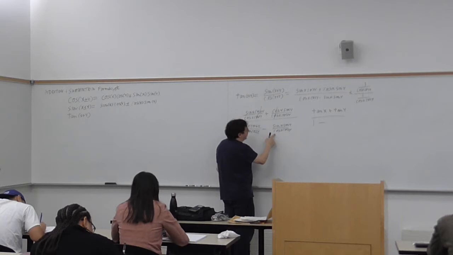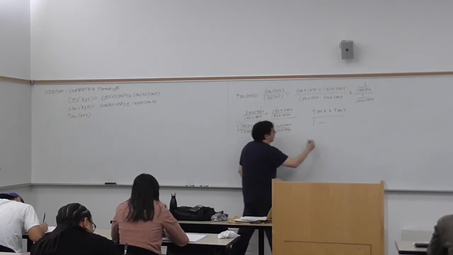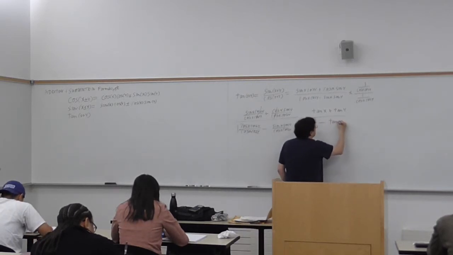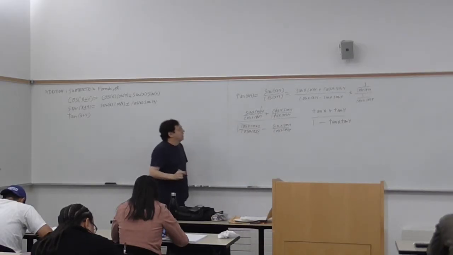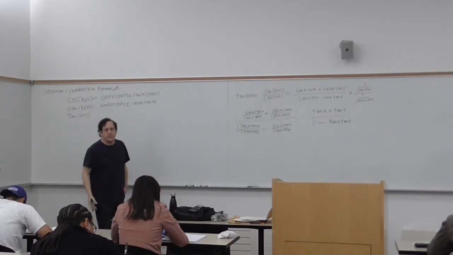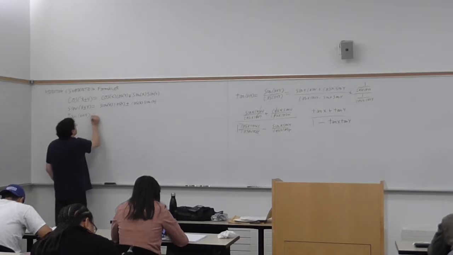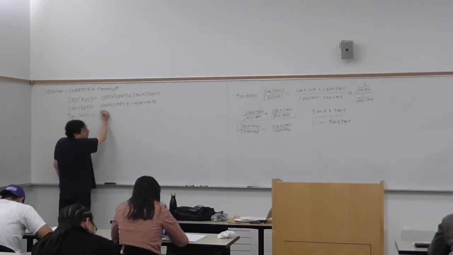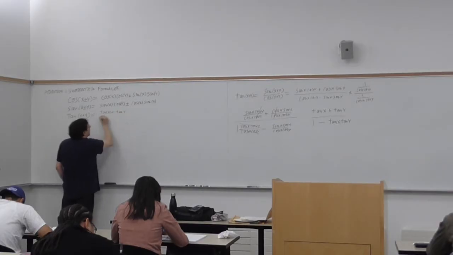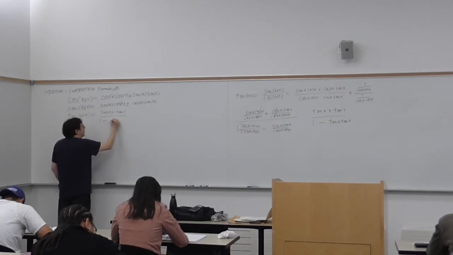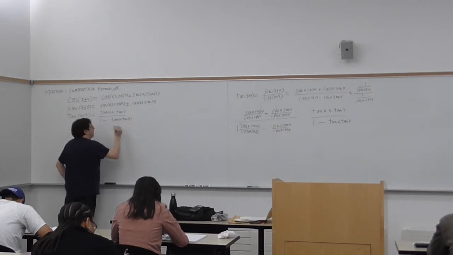Sine x over cosine x times sine y over cosine y. Tangent x, tangent y. So it's just kind of magical. They all just kind of pop out of that original proof. All right, so what did I say? It was tangent x plus tangent y over 1 minus tangent x tangent y.